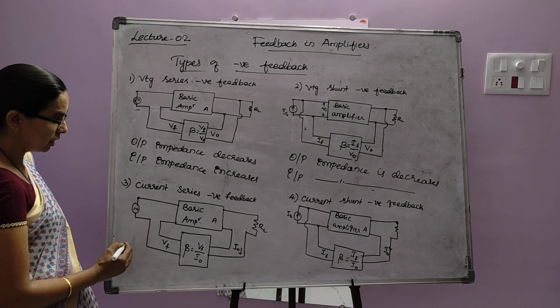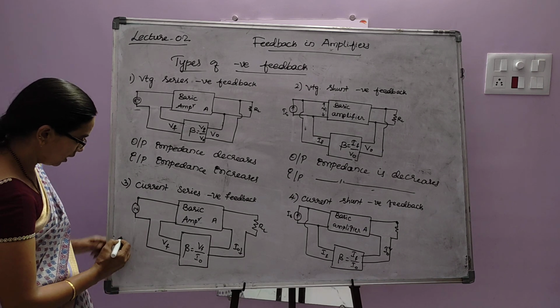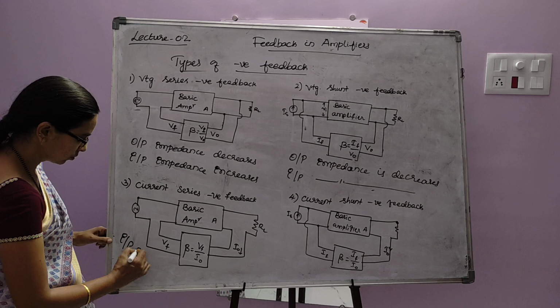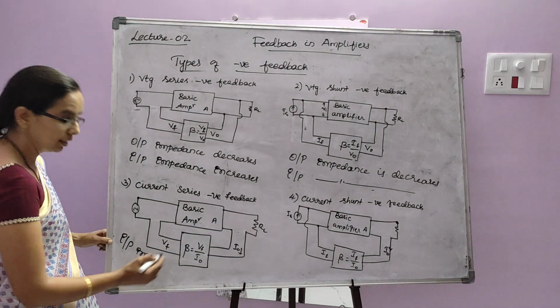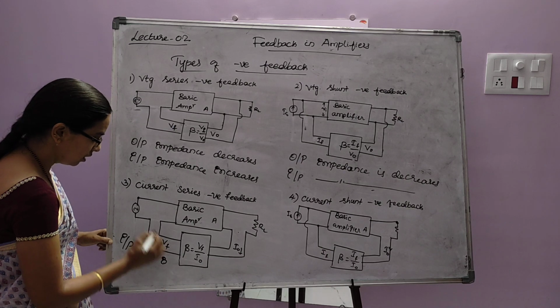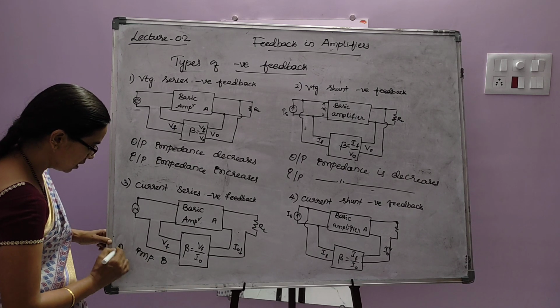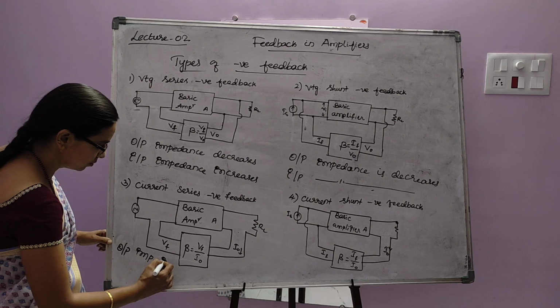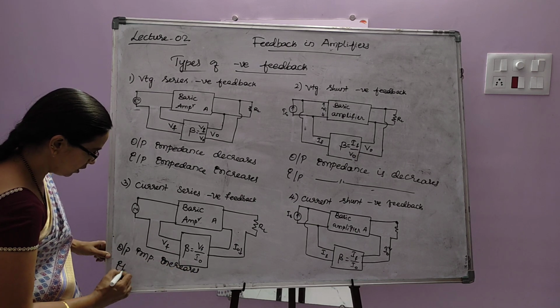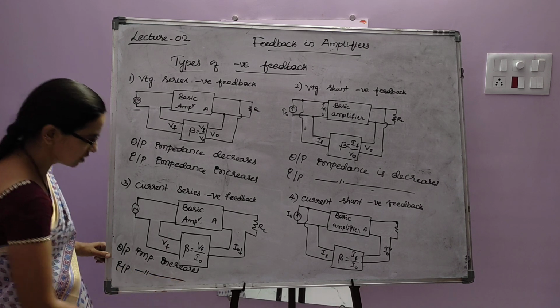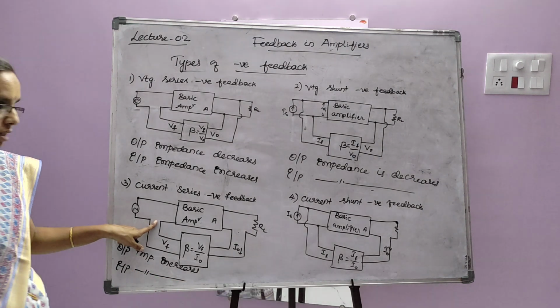Whereas in current series negative feedback, because it is series connection at the output side, output impedance increases, and input impedance also increases because it is series connection.